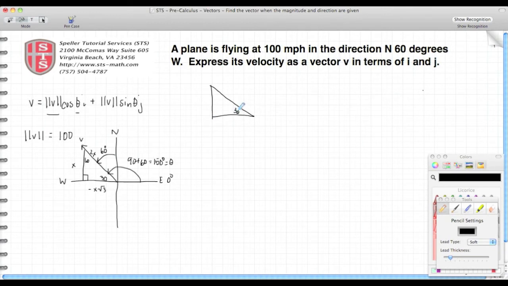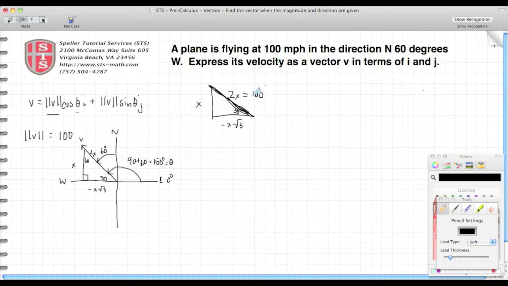All right, like I said, that there is 30. So this here is negative x root 3. Over here is x, and up here is 2x. Well, this triangle corresponds to the triangle drawn here, and this portion here is actually the vector, and we know the magnitude of that vector is 100.